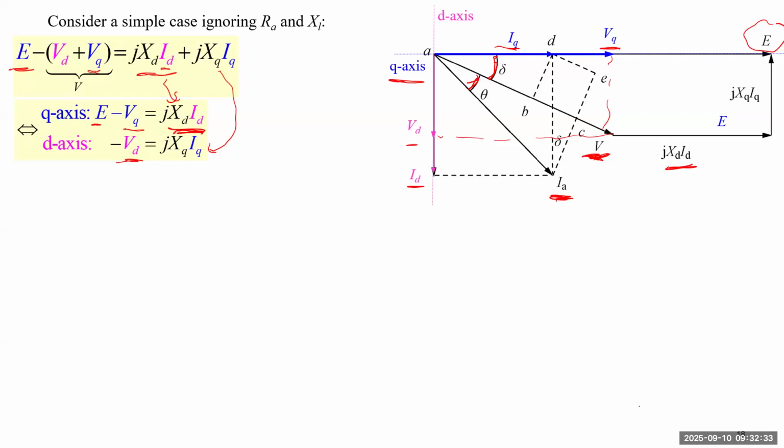Because this reactance is a purely imaginary number, it will generate the voltage drop in the Q axis, in parallel with X, then another voltage drop in the D axis. So that will finish this phasor diagram, right? Does it make sense? Everybody follow?